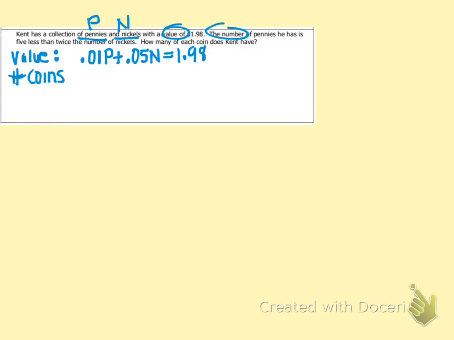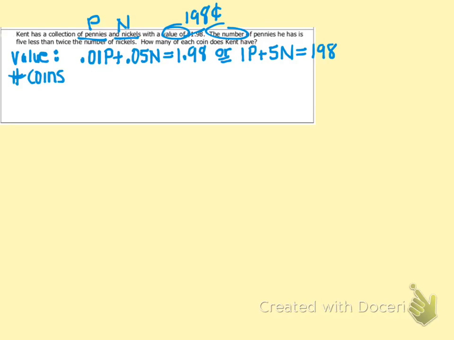Now that's one option. A second option we could go with is, instead of doing it in cents, we could take that $1.98 and move it over from dollars to cents, and it would be 198 cents. And if we did that instead, it makes an easier equation to work with, because now instead of 0.01p, we just say 1 cent per penny plus 5 cents per nickel is 198 cents.